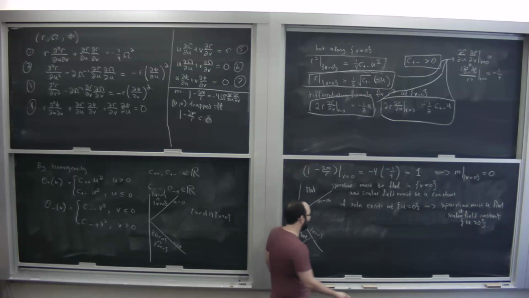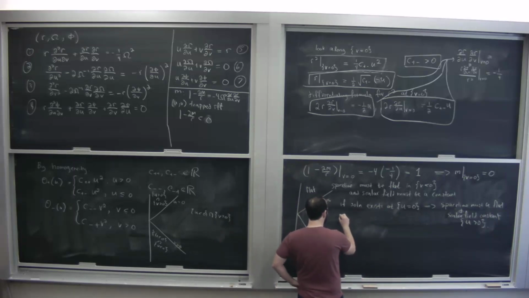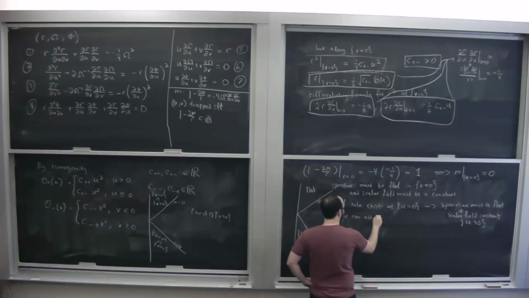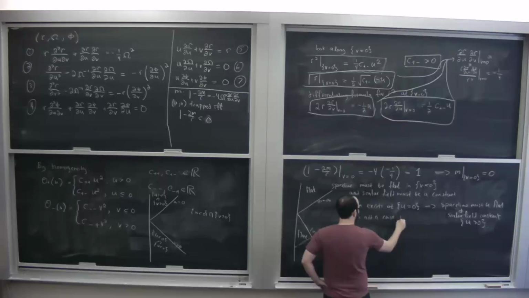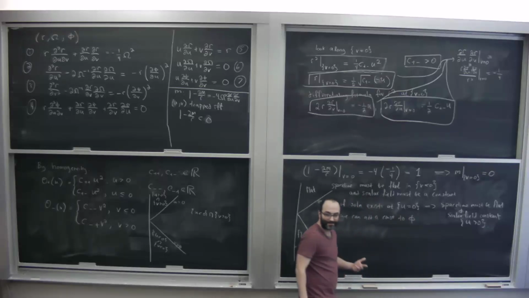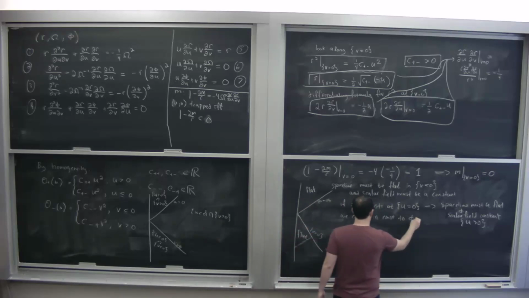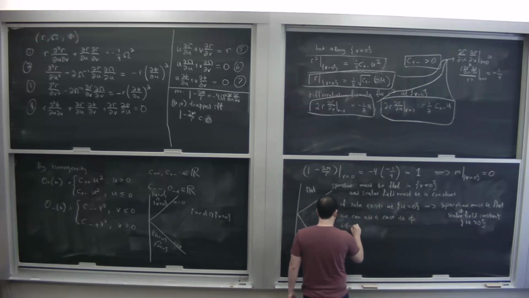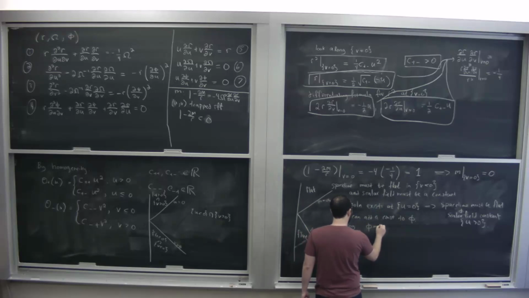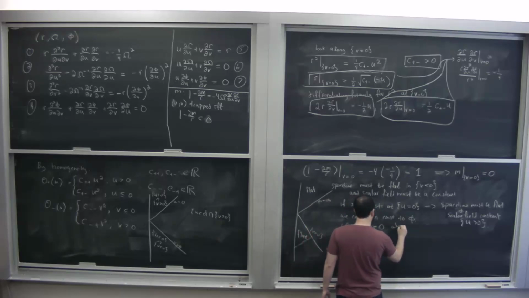Also, because we can always add a constant to phi, without loss of generality, let's assume phi is 0 there.